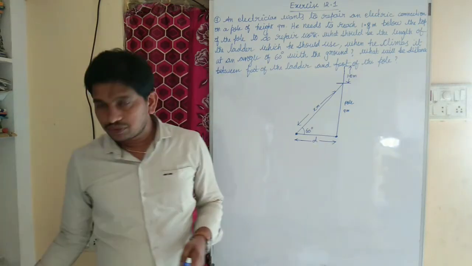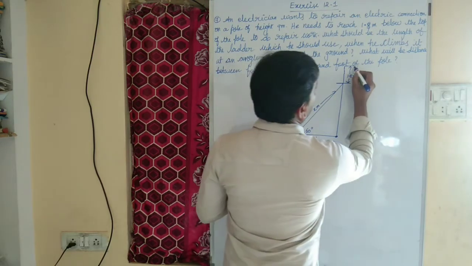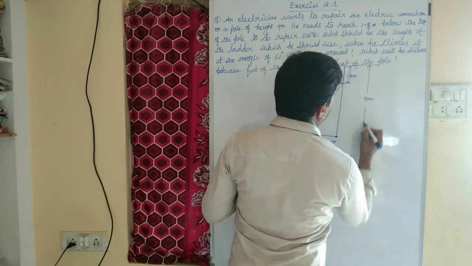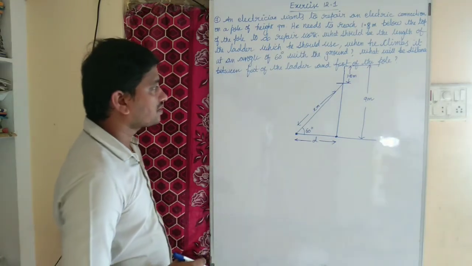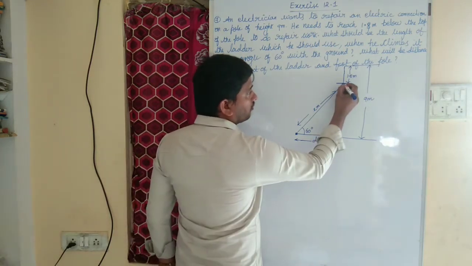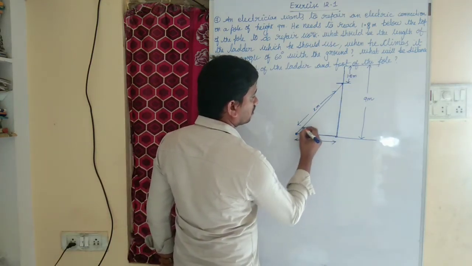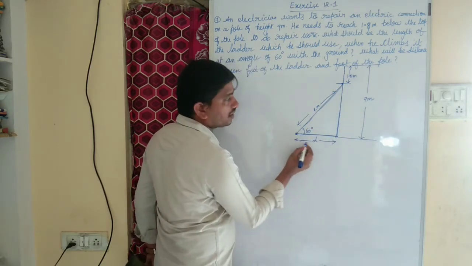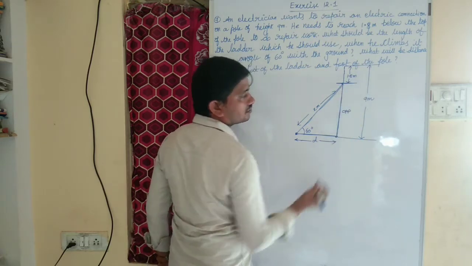Actually, if you observe properly, the total height of the pole is 9 meters. This will be the total height of the pole. We place the ladder at this point. This is our right angle triangle. The angle is at this point. This will be our opposite side, I mean up to here only.